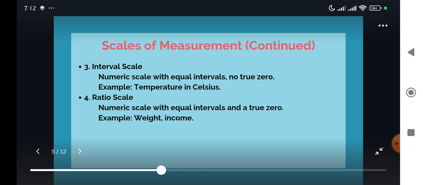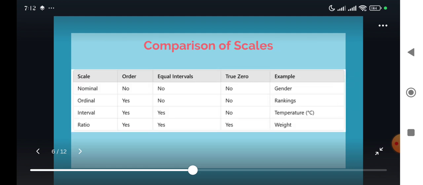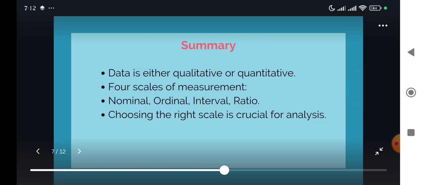You will understand it better by this tabular form. Let's have a look at this. Here is a quick summary, and please go through it.